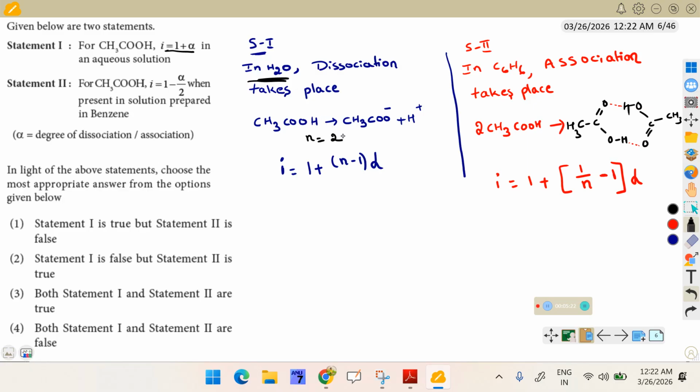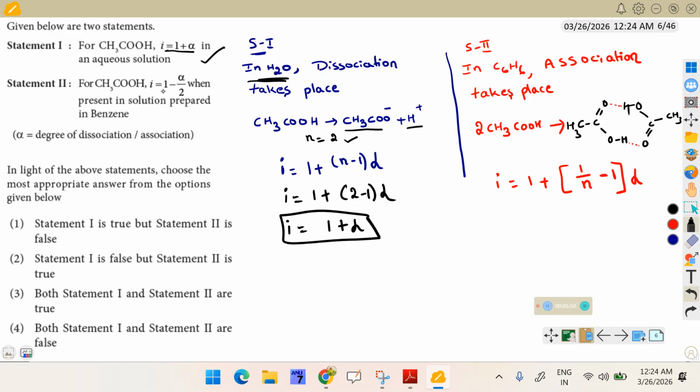Initially only 1 ion, finally converted to 2 ions. After dissociation, 1 cation and 1 anion, n value is equal to 2. Now substitute n value 2: i is equal to 1 plus 2 minus 1 into alpha. i is equal to 1 plus alpha. Yes, statement 1 is correct.